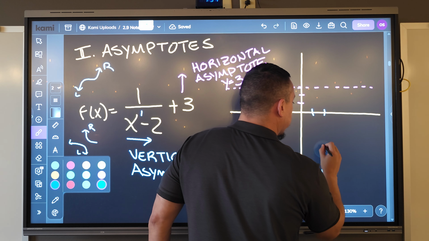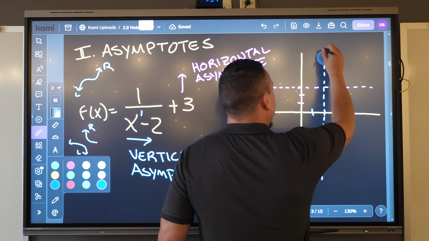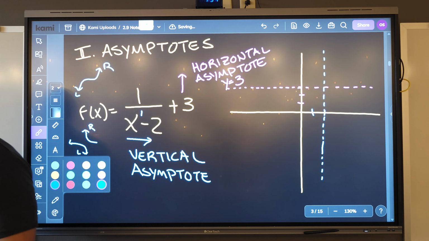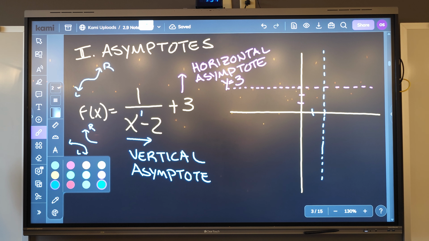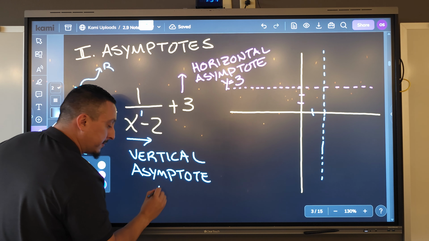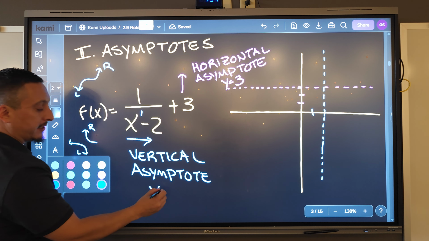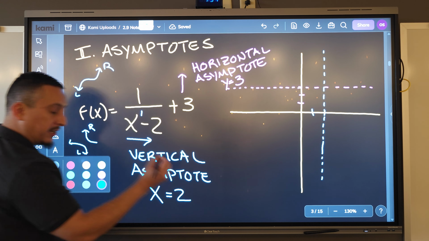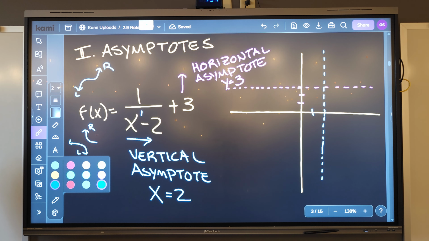So I have an asymptote right here. That little blue dashed line that I just drew, what's the only axis that it's touching? X. So it's going to be x equals the number that it touches. So there's a vertical asymptote at x equals 2.